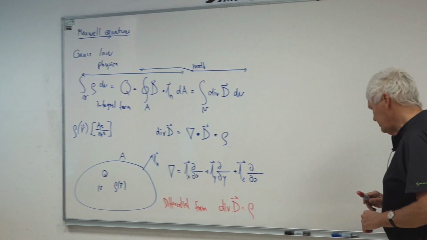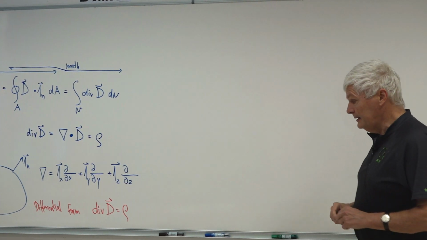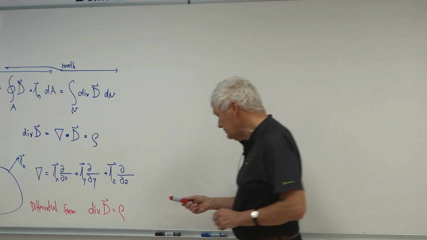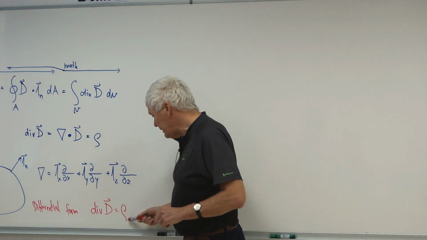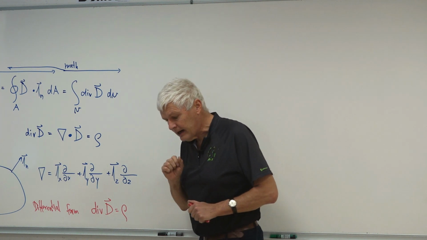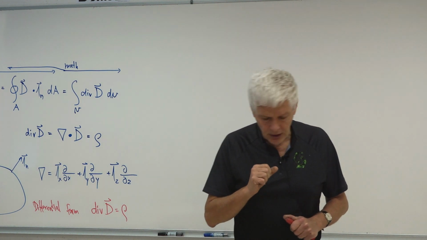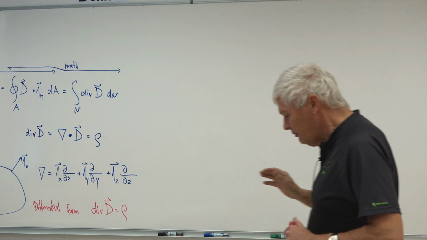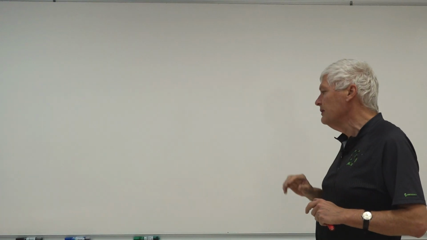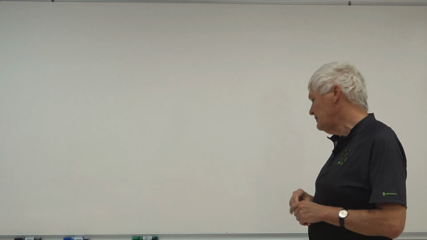That's difficult to calculate. The real advantage of having a differential form is that this equation actually holds in every differentially small part of volume. We no longer need finite dimensions. We can squeeze these dimensions down to infinitesimally small, and this equation still holds.